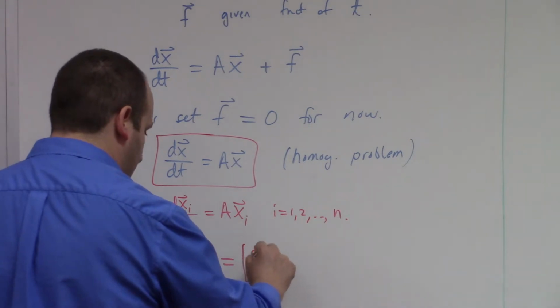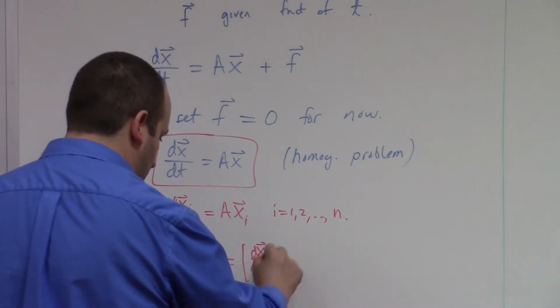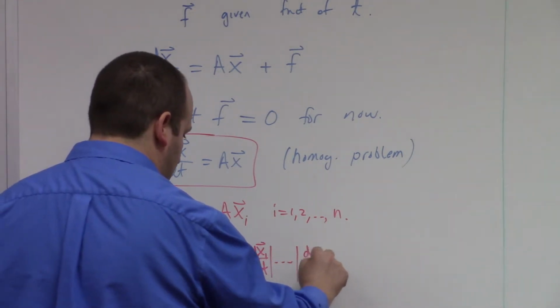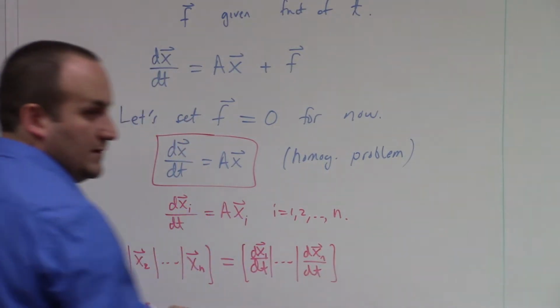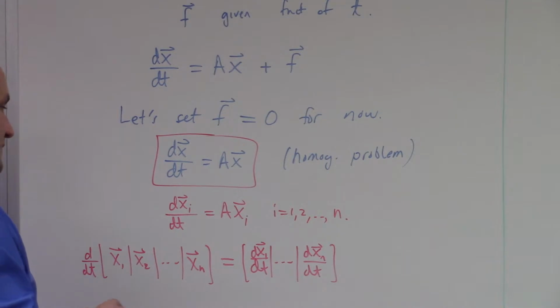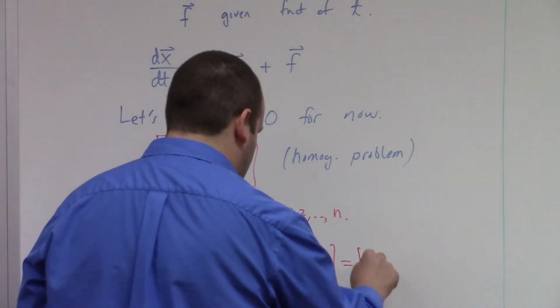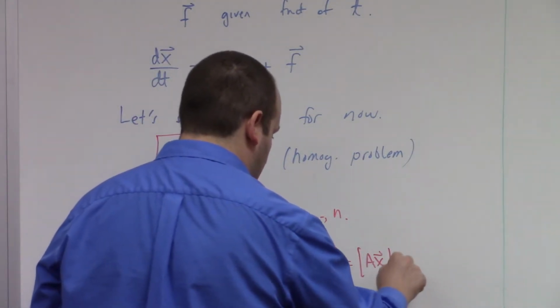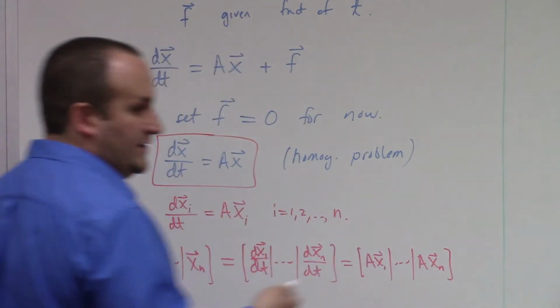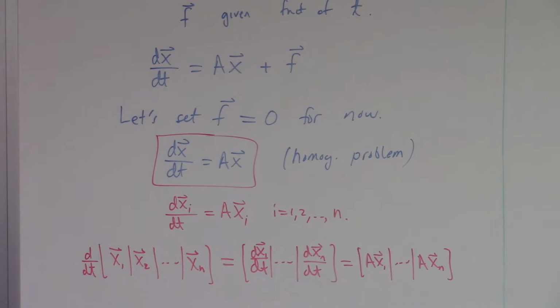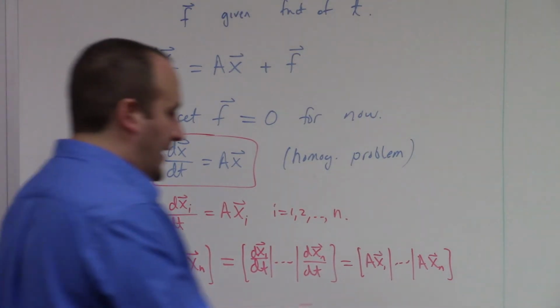So that would be dx1 dt, all the way on out to dxn dt. But if these are separately solutions, then each one of those is ax1 all the way on out to axn. Now you guys remember the concatenation proposition from linear algebra. You know that we can factor that a out.